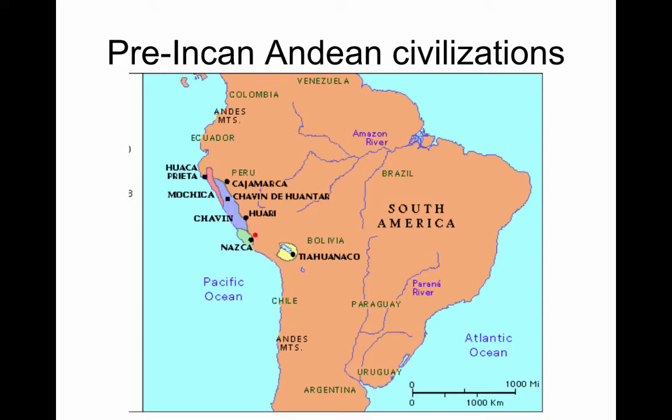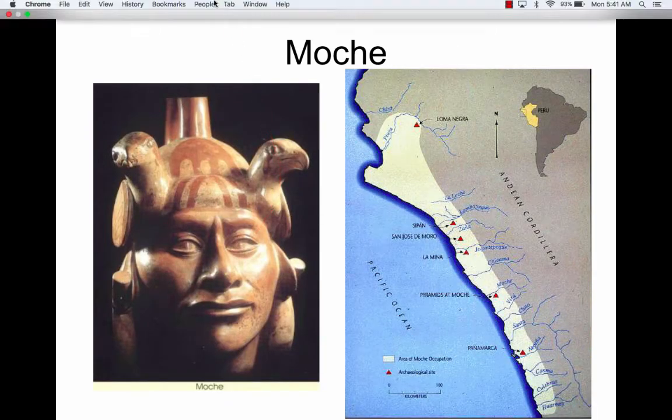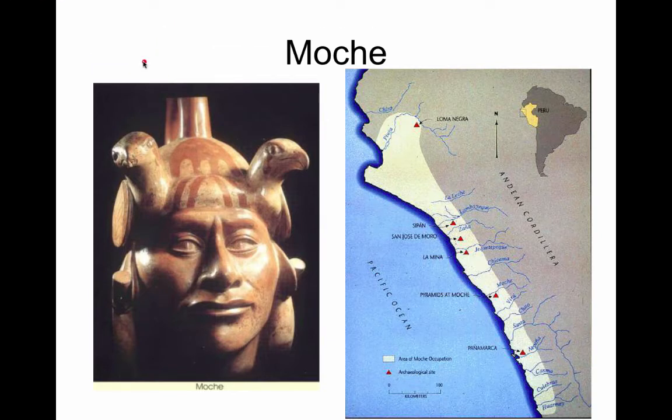The first is the Moche, and all I'll say about the Moche is that they were a people who lived between the mountains and the sea, and they did a good amount of fishing and agriculture that required what's called terrace farming, or building into the sides of the mountains.